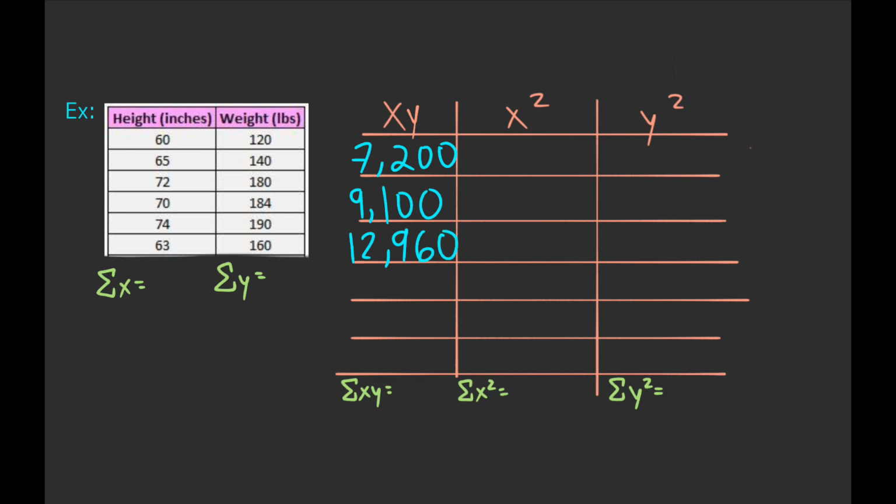The fourth row is 70 times 184, which is 12,880. The fifth row is 74 times 190, which is 14,060. And the sixth row is 63 times 160, which is 10,080.